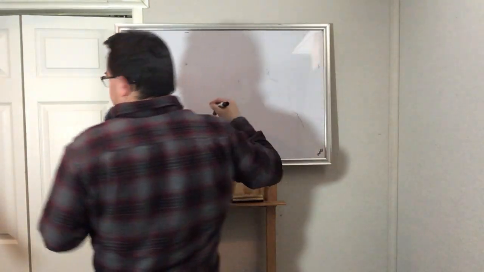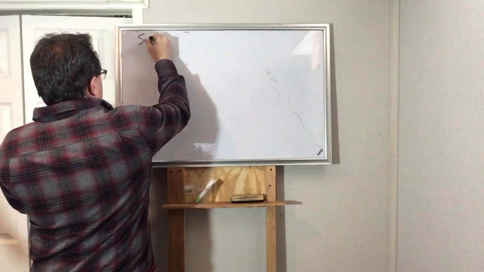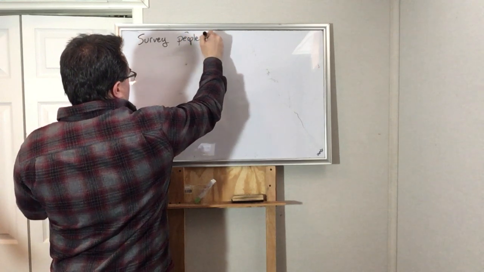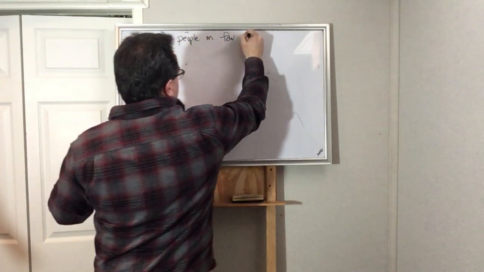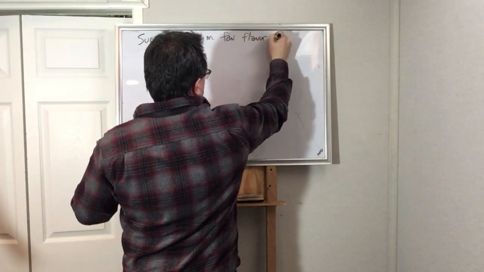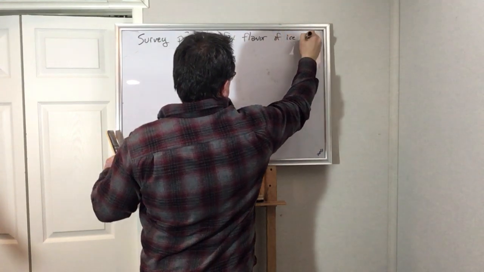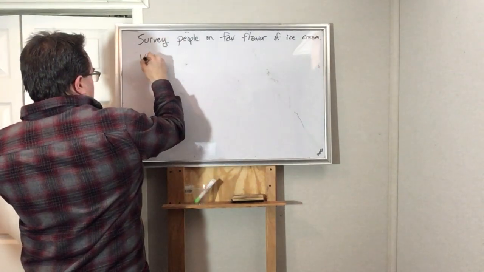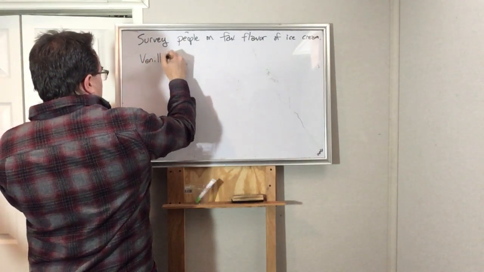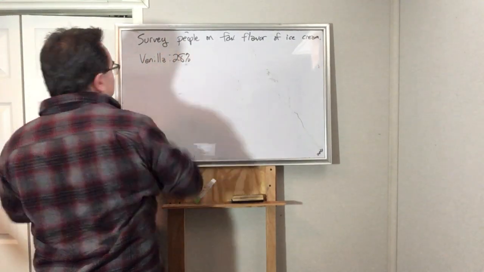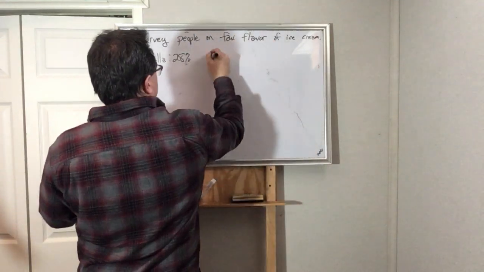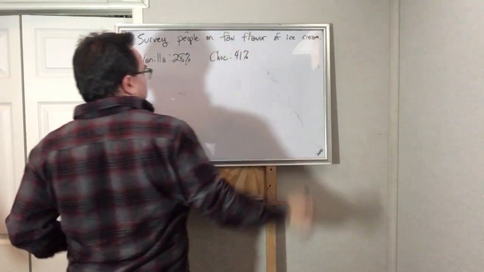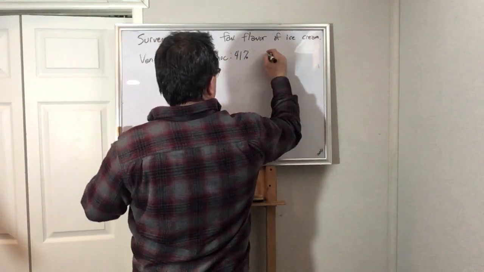So in this case, let's say that I survey people on their favorite flavor of ice cream. 28% of the people say vanilla is their favorite. 41% of the people say chocolate is their favorite.